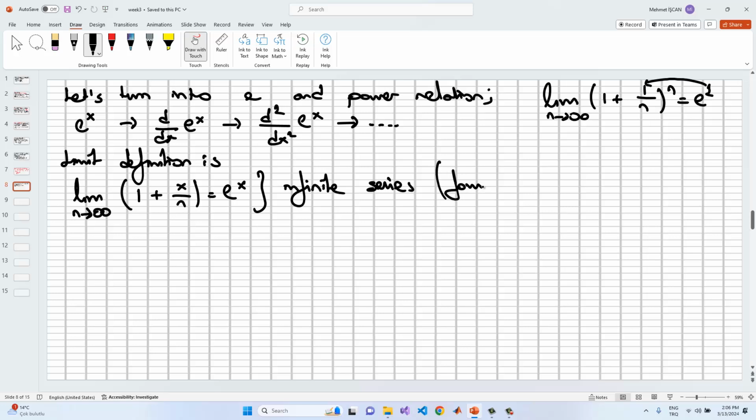Because just remember that the Fourier series is based on the sine and cosine, right? Just see that. And so we can define everything using sine and cosine, okay?